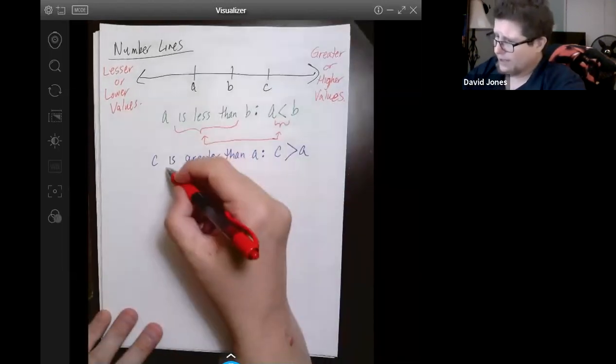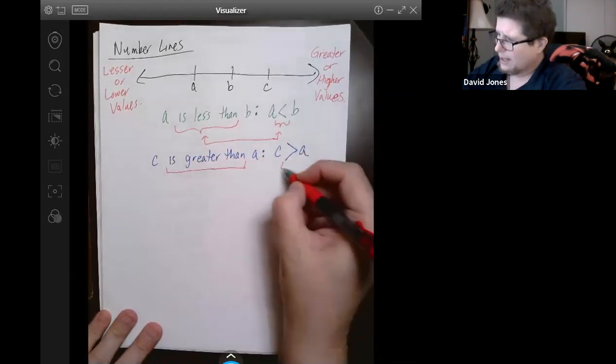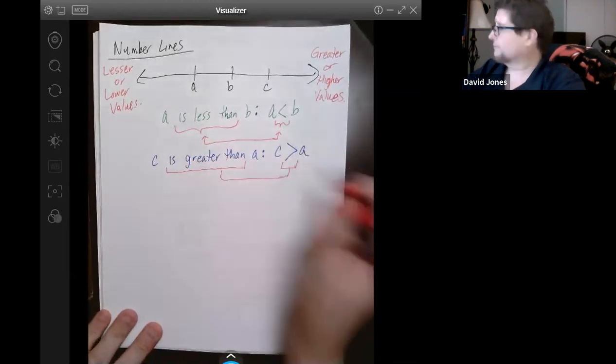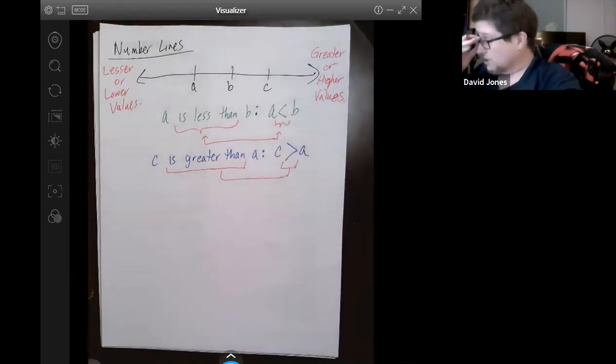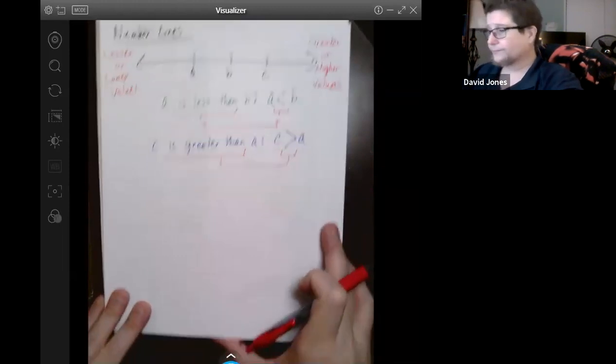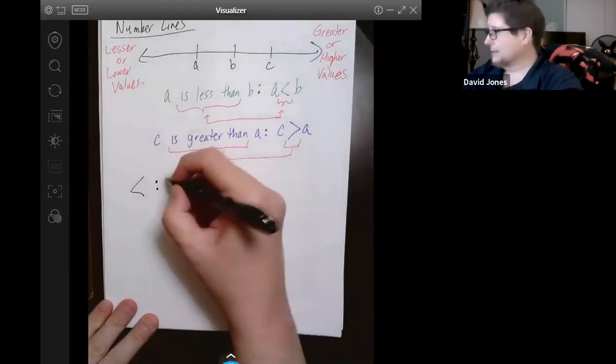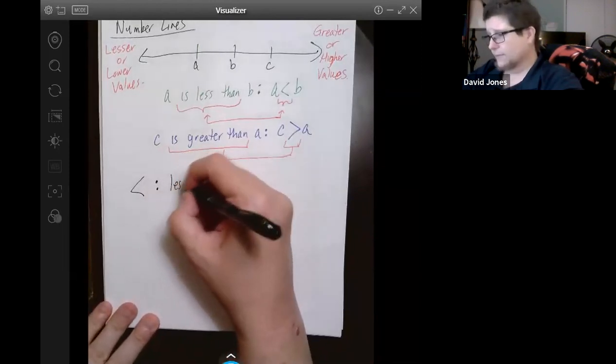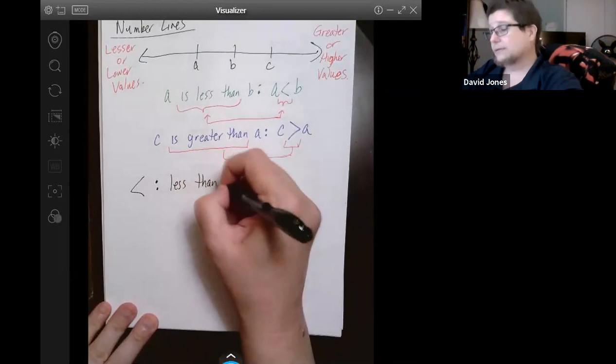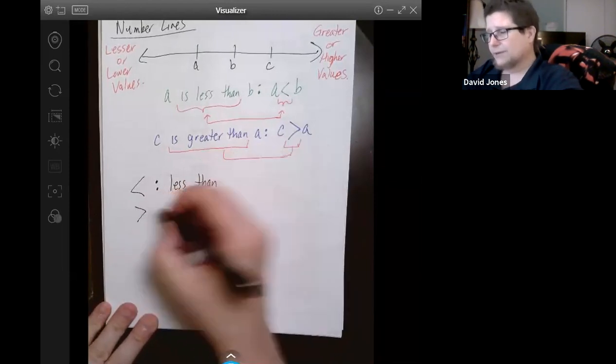So greater than and this are the same thing. So our symbols are, that means less than or is less than. That means greater than.